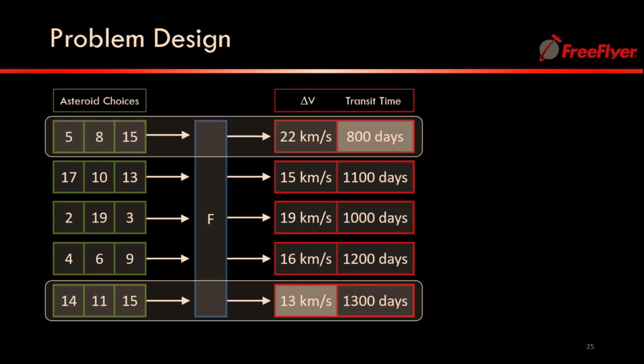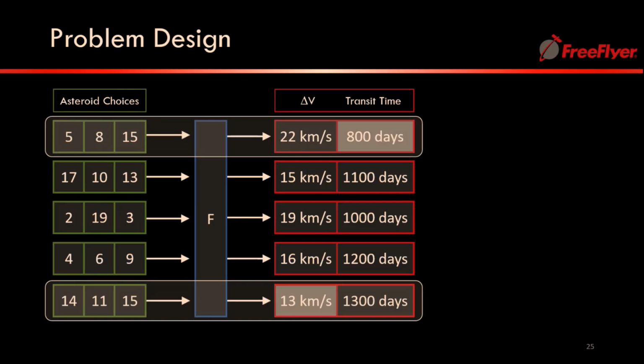So backtracking just a few minutes to when we were talking about genetic operations and how we select solutions from the population to be included in the reproduction of the next population. We looked at transit time and delta V, and we want to find solutions that have desirable objective values for those two categories, and then we select those solutions for reproduction.